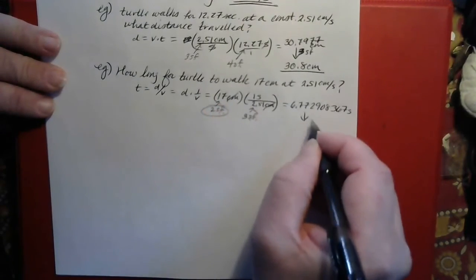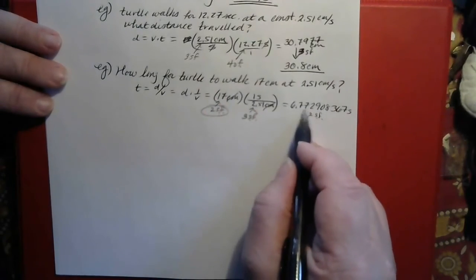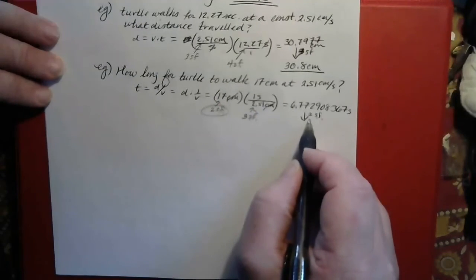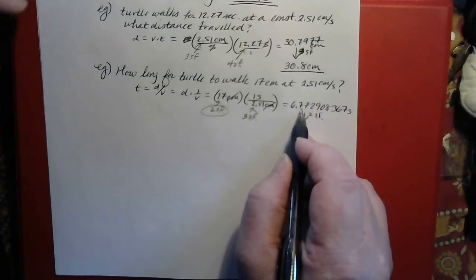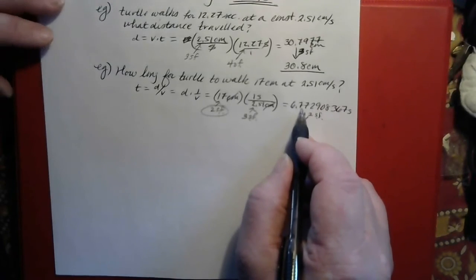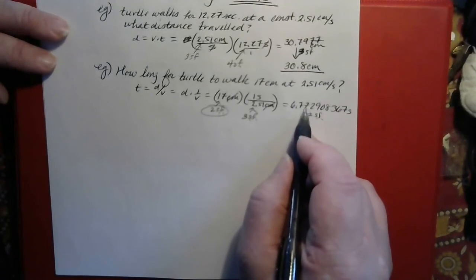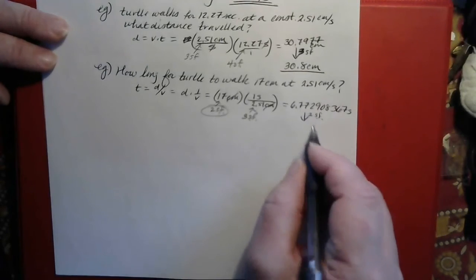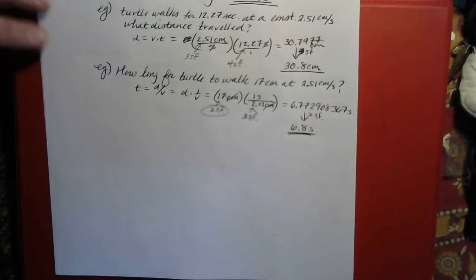And if we look at the number we've got, we see it's 6.77 and so on. That means if we need 2 significant figures, the 6 can stay and the first of the 7s can stay, but everything else has to go. The first number we're dropping is a 7, which means the digit before it has to go up by 1. So this becomes 6.8 seconds.